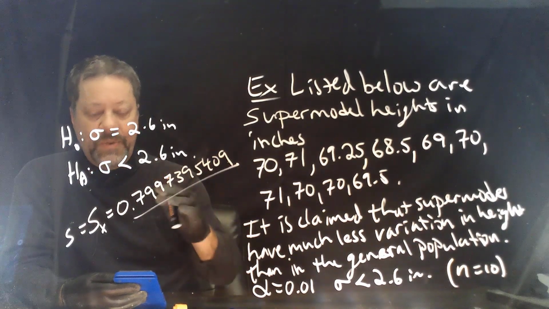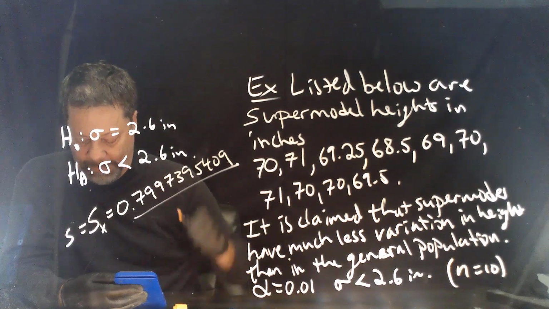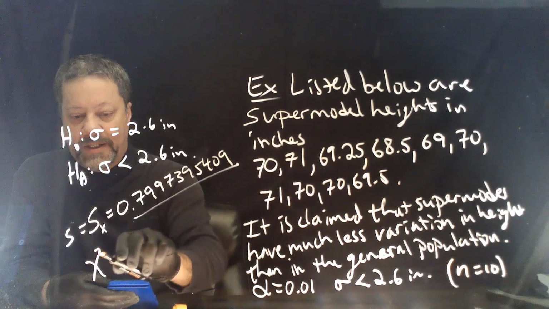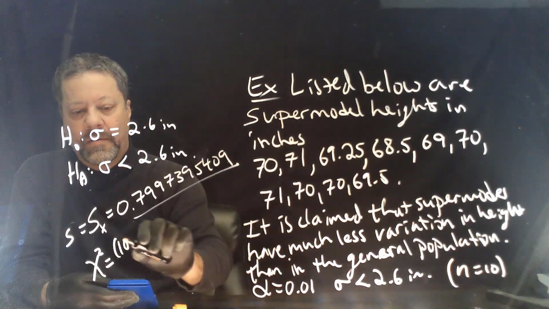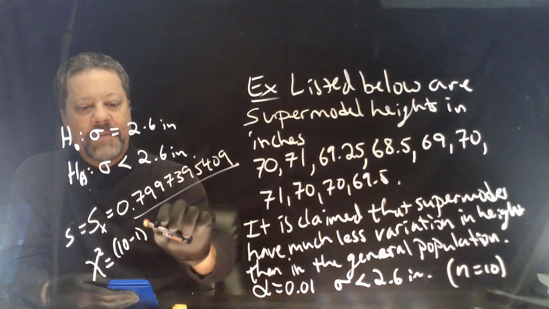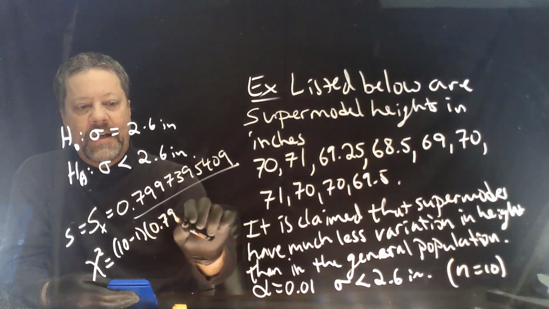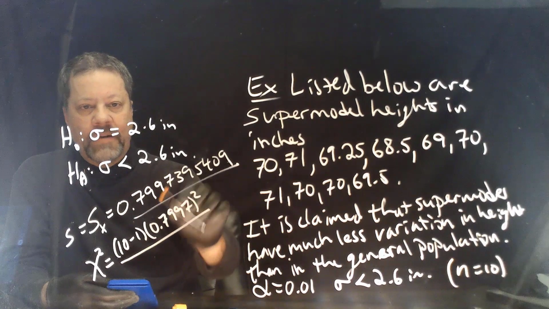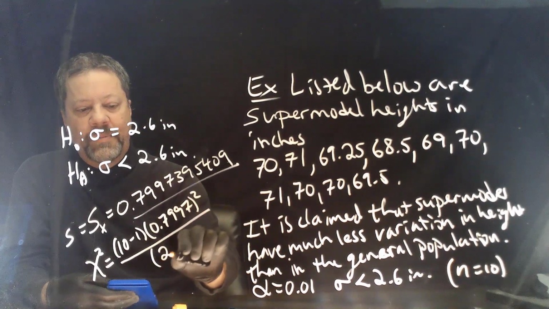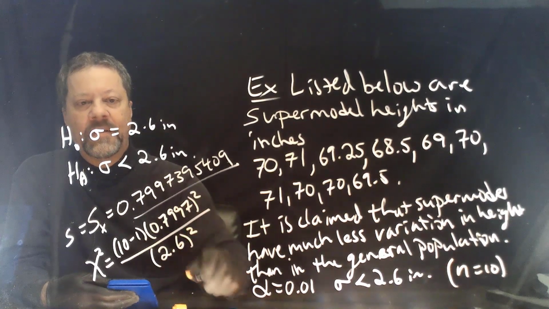And we can use this number in our chi-square statistic. N minus 1 times this 0.7997 squared, I'll quit there, divided by 2.6 squared.